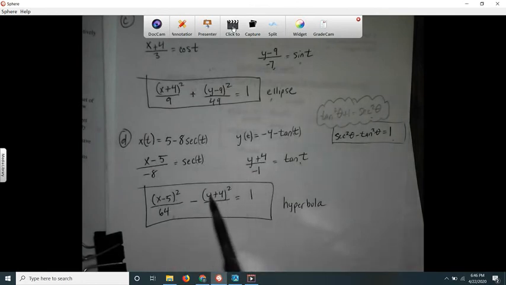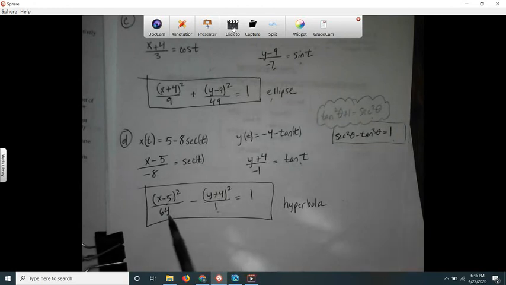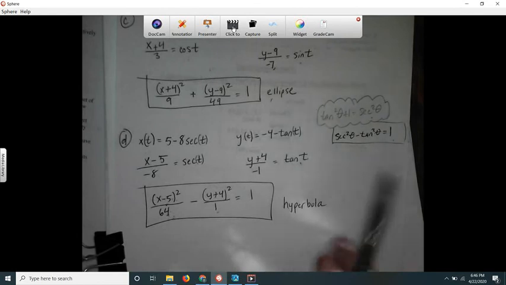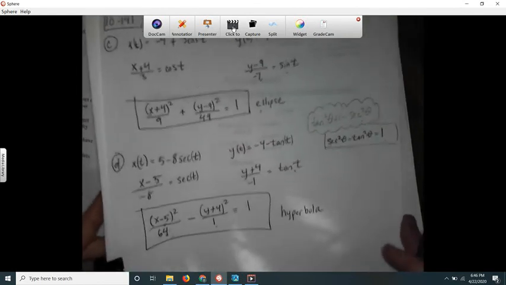Square that, and when I square the negative 1, it's positive 1. And that's a hyperbola. The center is at 5 and negative 4, and it opens up to the sides. I think that's all I'm going to do for this one.